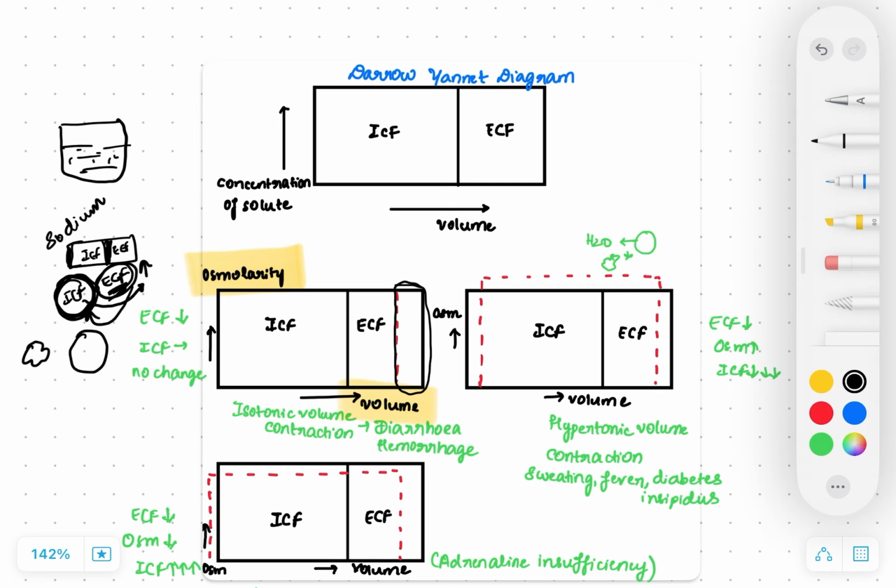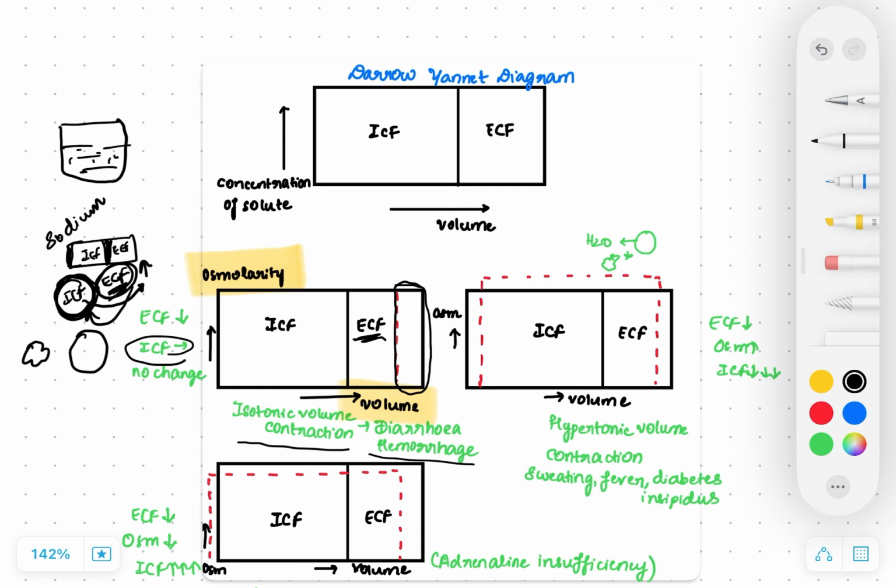If there is no change in osmolarity, there is no movement of water between compartments. So isotonic volume contraction, like seen in diarrhea and hemorrhage, will not change the intracellular fluid compartment. There will be shrinkage of the extracellular fluid, but no change in the intracellular fluid. So the first graph denotes that.